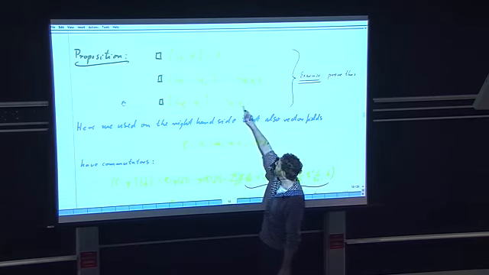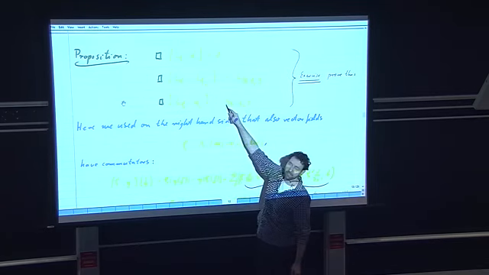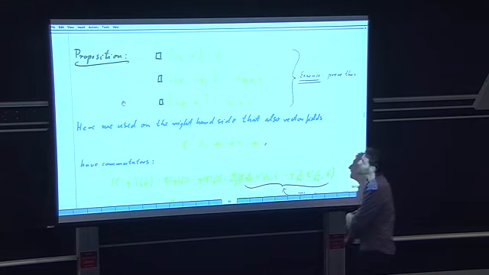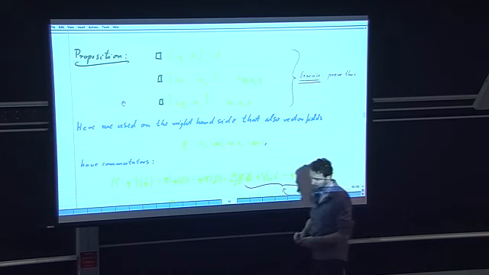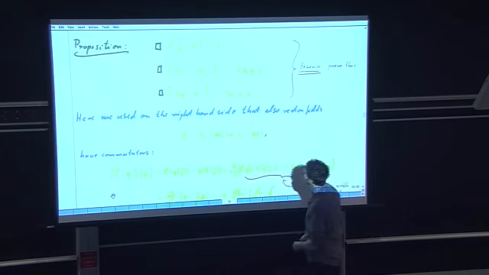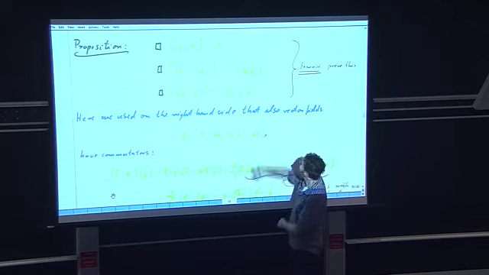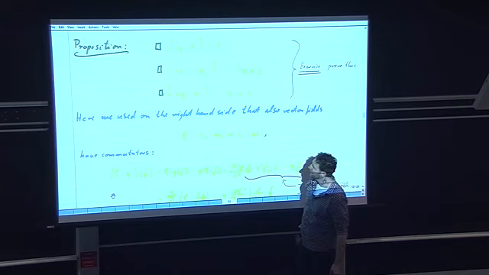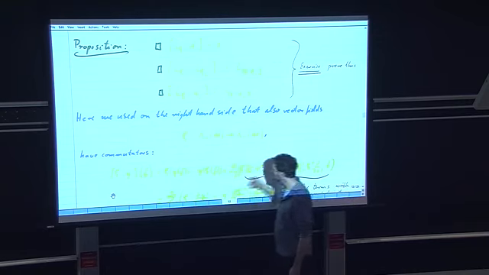Because only then this makes sense. This has got to be a tangent vector field. That commutator must be a tangent vector field. So indeed, we're using here, on the right-hand side, that vector fields have commutators that are vector fields again.